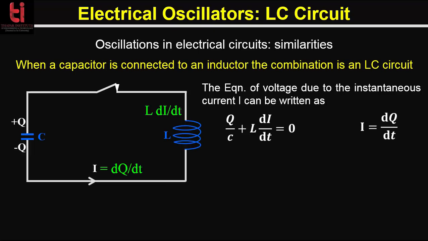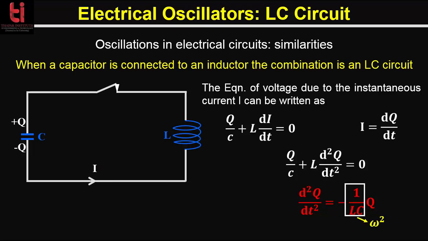Now you know that I is equal to dq/dt, so we can rewrite this equation as Q/C plus L d2q/dt2 is equal to 0. So we can write this as d2q/dt2 is equal to minus 1/(LC) times Q. Now if we consider that 1/(LC) is equal to omega squared, it is of the same form as for the mechanical system, that is the spring oscillator or the pendulum, and represents simple harmonic motion.